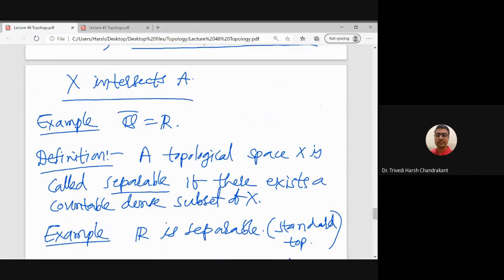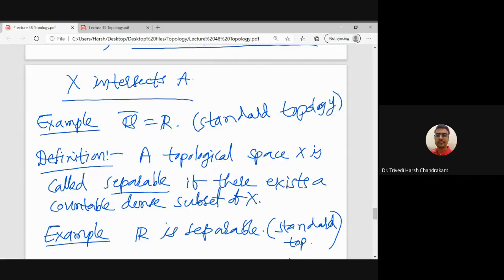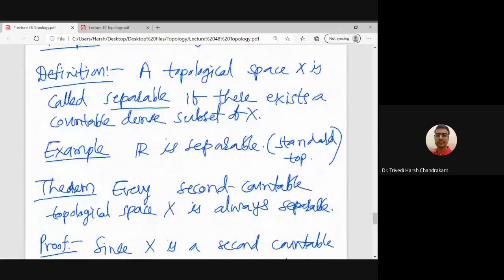When we take the closure of Q with respect to R, the standard topology, then we get the entire space R. Because the closure of a set depends on which topology we are taking, that is also important. After that, we discussed that a topological space X is called separable if there exists a countable dense subset of X.